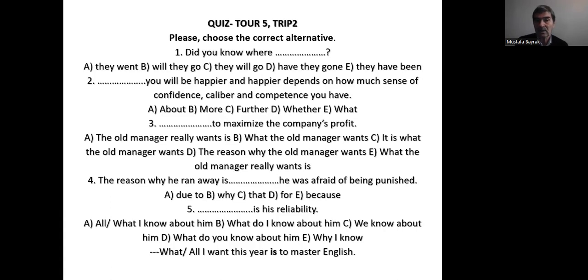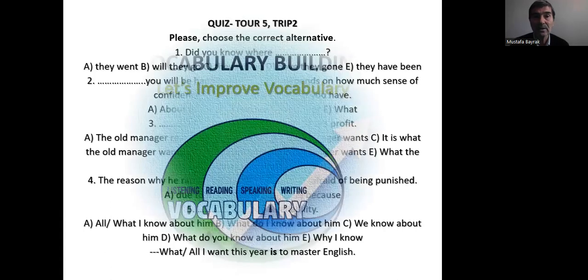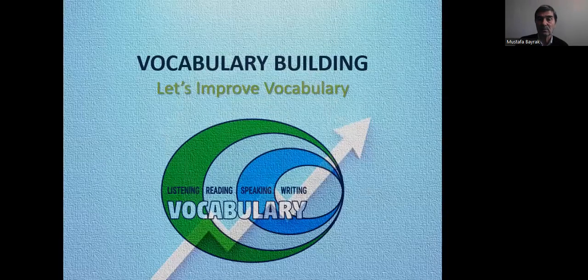So what I want, or all I want this year, is to master English, for example. Yes, all I know about him is his reliability, dependability, credibility, accountability, trustworthiness. Okay, now time to build our vocabulary.